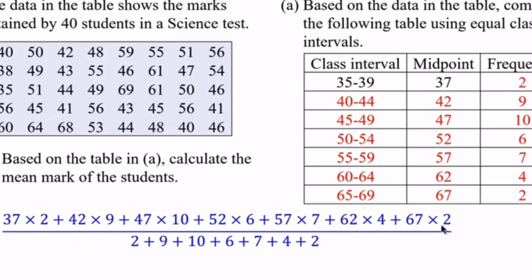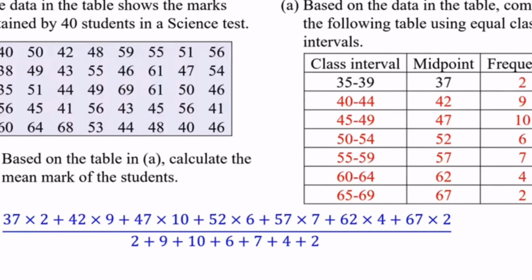So for the mean, we must use a calculator carefully. We multiply one by one, and then we plus, and we divide by the total frequency in order to get the mean. Let's press your calculator 2 times so that your answer will be perfect.